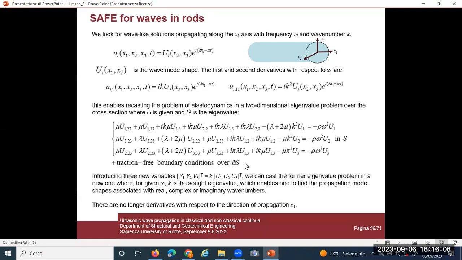I did it with Comsol, and I will give you some suggestions also on how to implement it in Comsol. You write down these equations and require that they are satisfied in the domain, which is the cross-section. You apply three stress boundary conditions on the boundary, and you solve an eigenvalue problem.